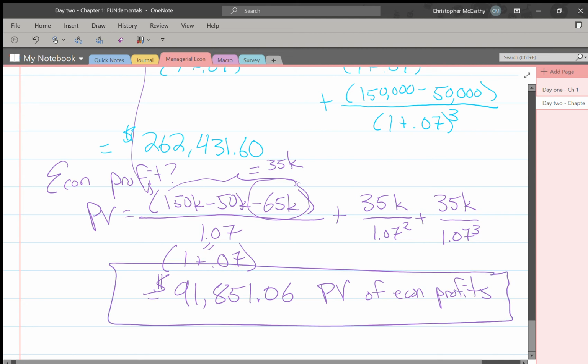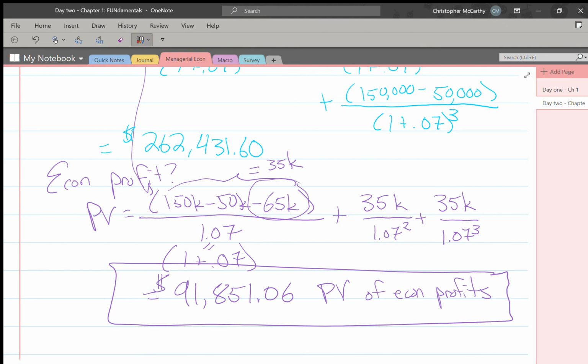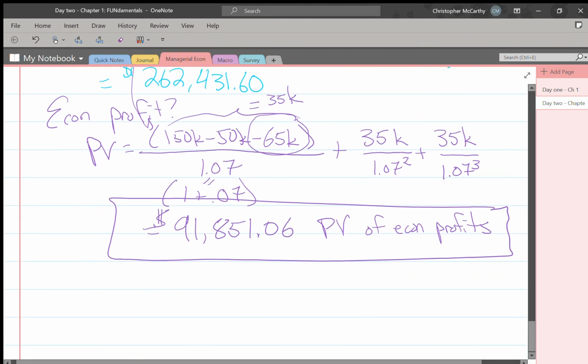Questions on that? Economic profit, accounting profit, and how it integrates with present value? Cool, awesome. Moving right along. What if we had an asset that we expect to generate cash flows forever?